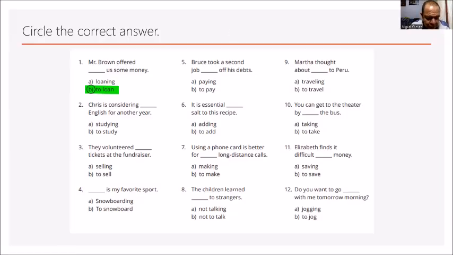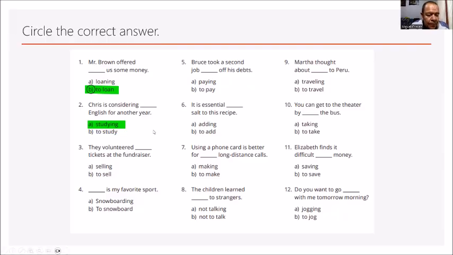You are going to have 10 seconds to answer each statement before watching the correct answer. For example, Mr. Brown offered to loan us some money. Chris is considering studying English for another year.